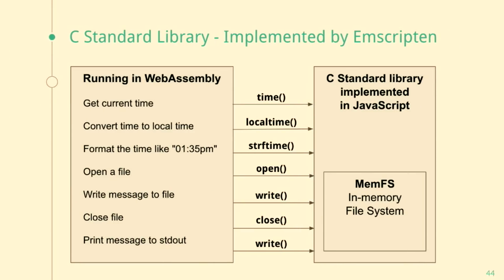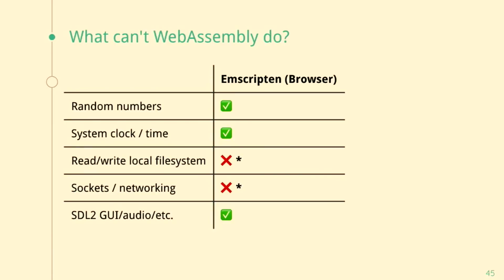Okay. So what can't WebAssembly do, at least with Emscripten running in the browser? Now, we can get random numbers, we can get the system clock time, we can do quite a lot of different operating system-y things. Reading and writing the local file system, well, it's got this in-memory file system, so you can kind of simulate that, but it's not actually my files on my local machine because browsers can't do that. Now, there is a new web API that lets you access local file systems.